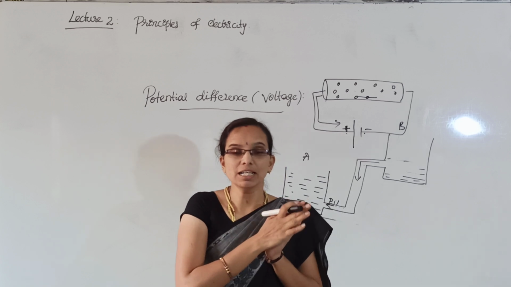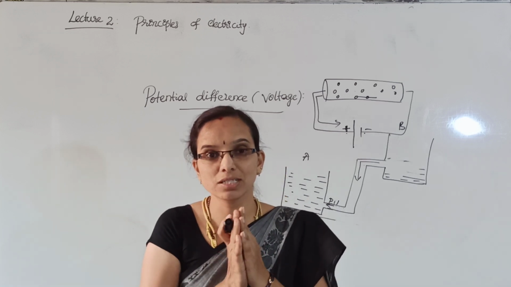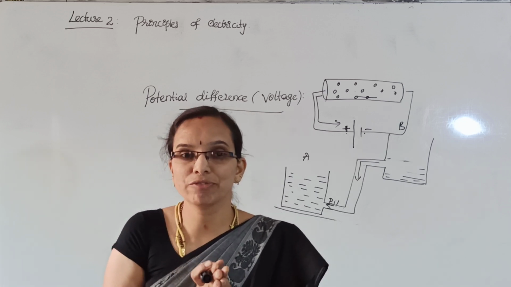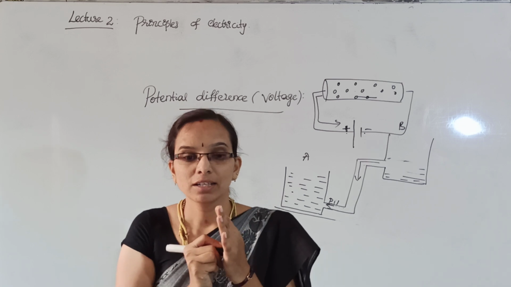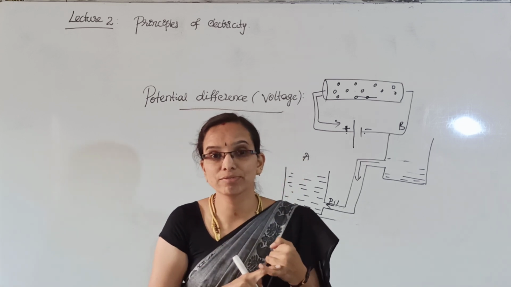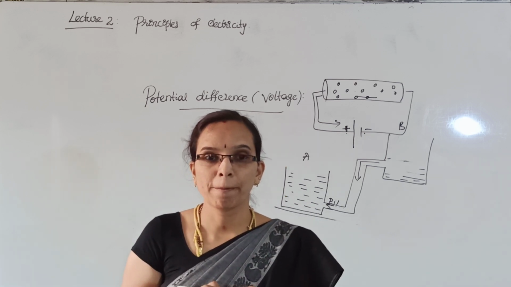So some work needs to be done for the flow of charges. That is nothing but potential difference. In the case of water, gravitational potential works, whereas in the case of the movement of charges, electric potential works.